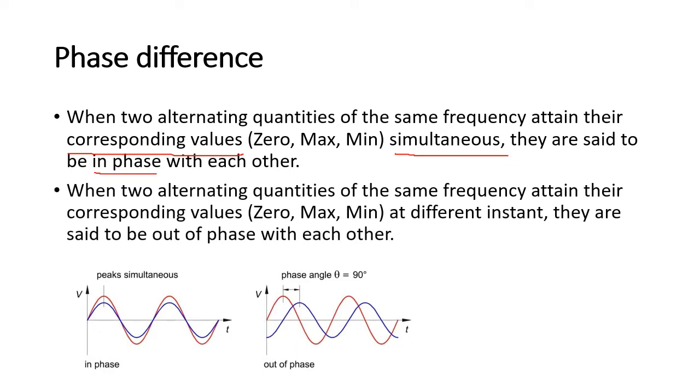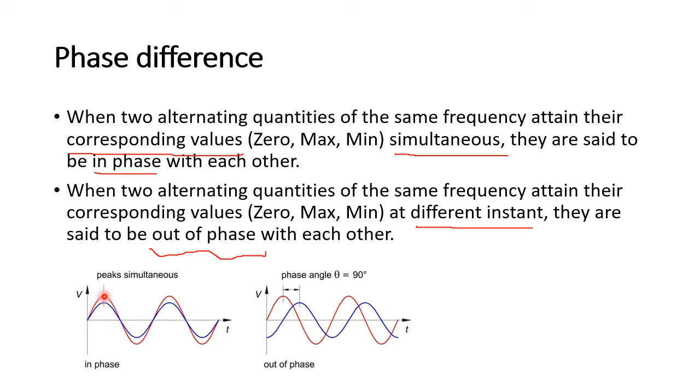Likewise, when two alternating quantities of the same frequency attain their corresponding values at different instants, they are said to be out of phase with each other. So here is the difference between in phase and out of phase.